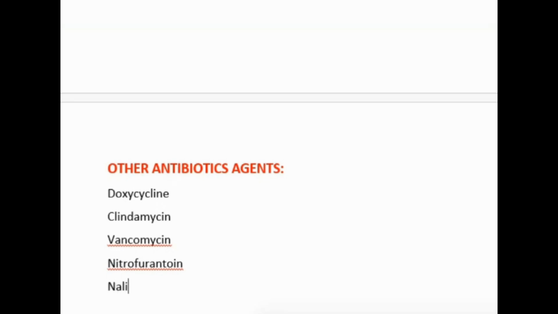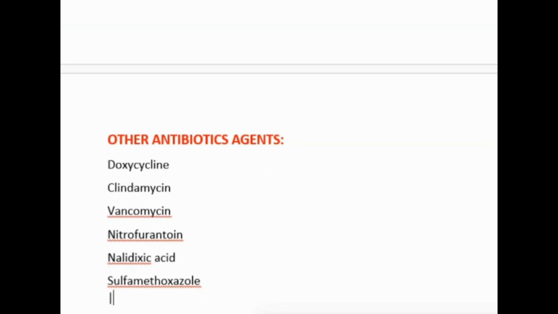We also have sulfamethoxazole, trimethoprim, which is also known as Bactrim.